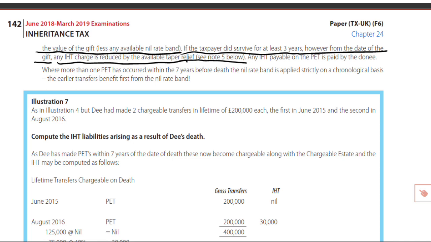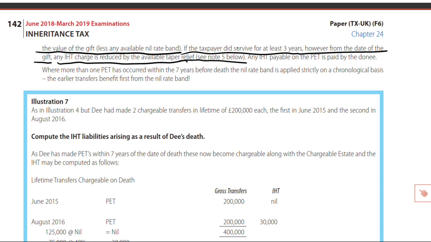So what happens is we have a taper relief, that if the taxpayer survives for at least 3 years, but not 7, though the PET becomes chargeable, the amount of tax that may be payable is reduced by a scale. It's again given to us in our tax rates and tables, but again, the taper relief will apply to reduce any tax charge.